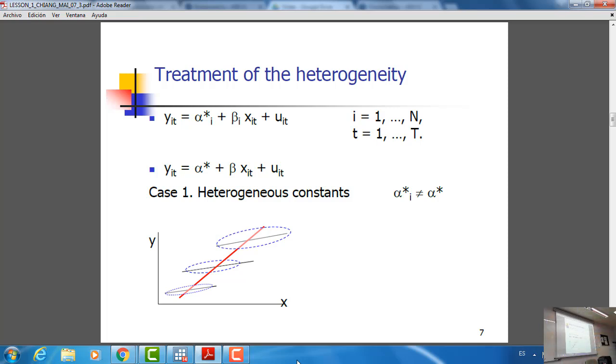In this case, the lower, the middle and the upper lines, individuals 1, 2, 3, the 3 of them have the same marginal propensity to consume, but different constants. And that means that they are heterogeneous.